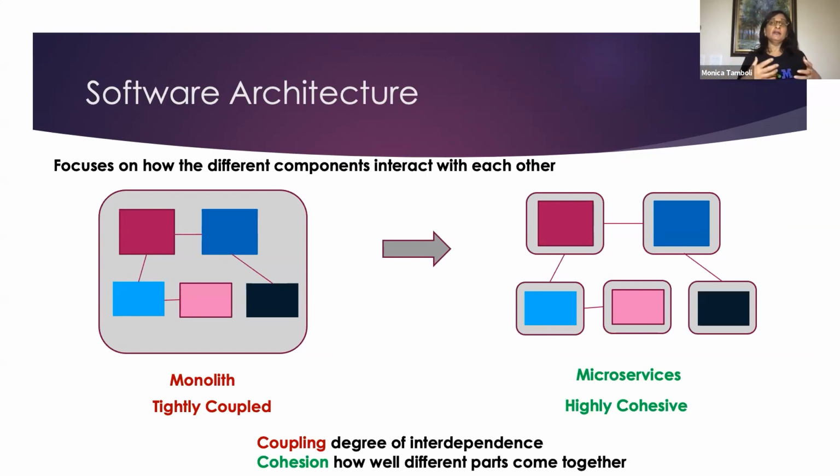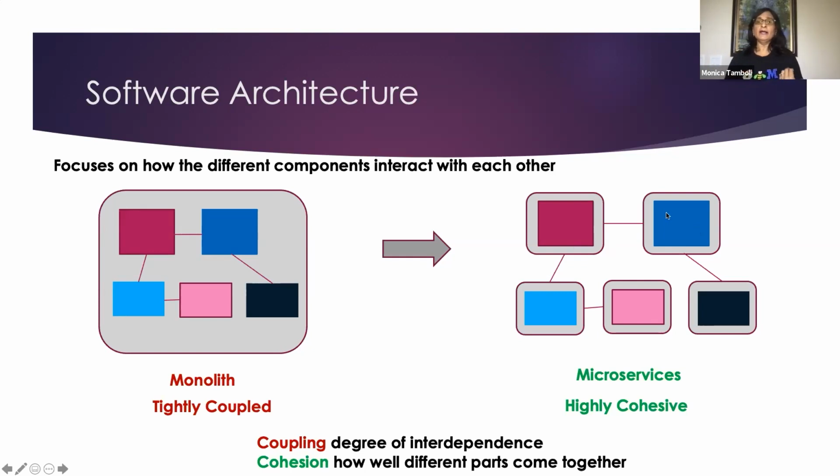So here we are talking about two different architectures. One is monolith, where everything is tightly coupled. These are all the different tasks here. And microservices, where they are more loosely coupled, independent modules or components.